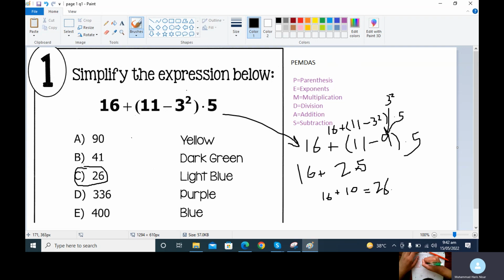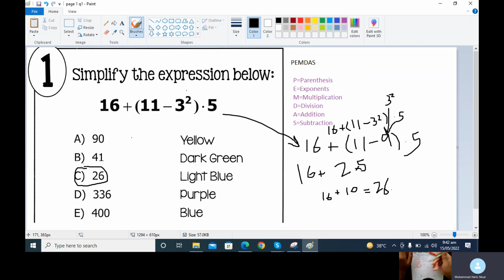You can write it. So for these types of problems you use PEMDAS. Can you write a little note here so I remember?